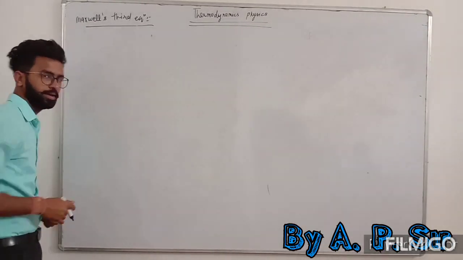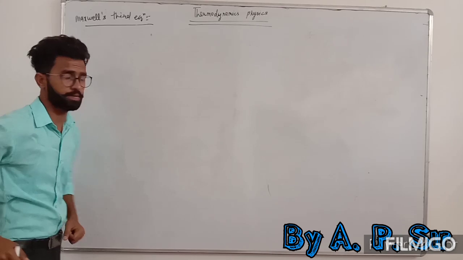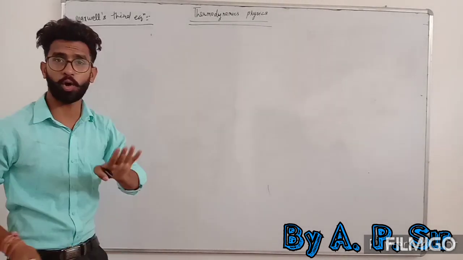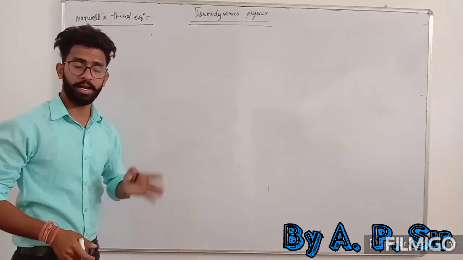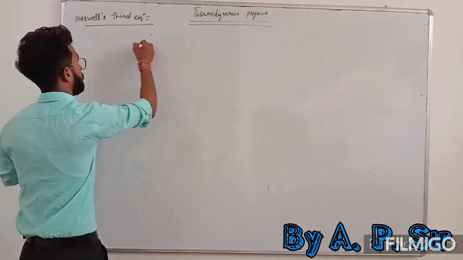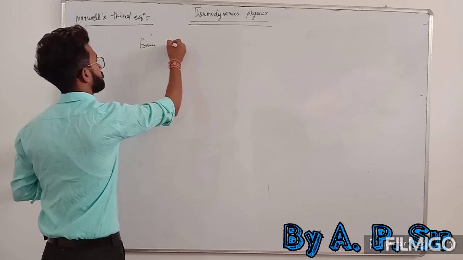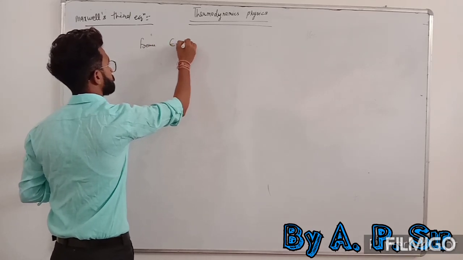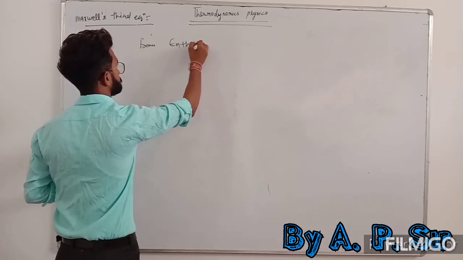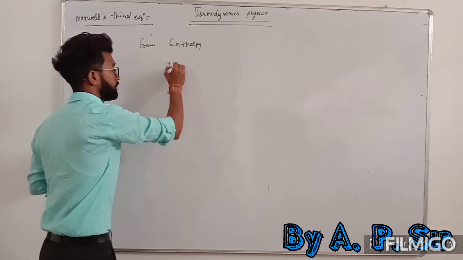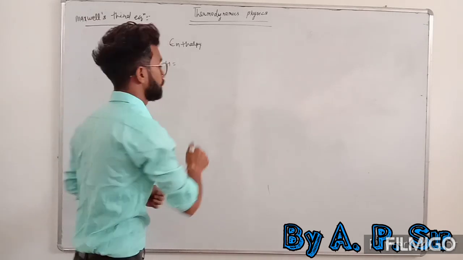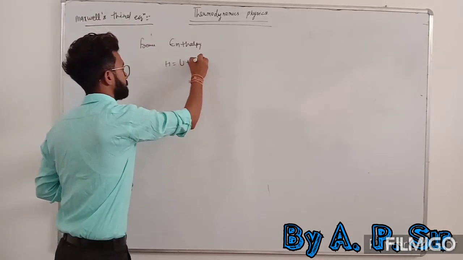Next, Maxwell third equation. This equation we obtain from enthalpy, because enthalpy is an energy function. What is the enthalpy? Enthalpy is H equals U plus PV.